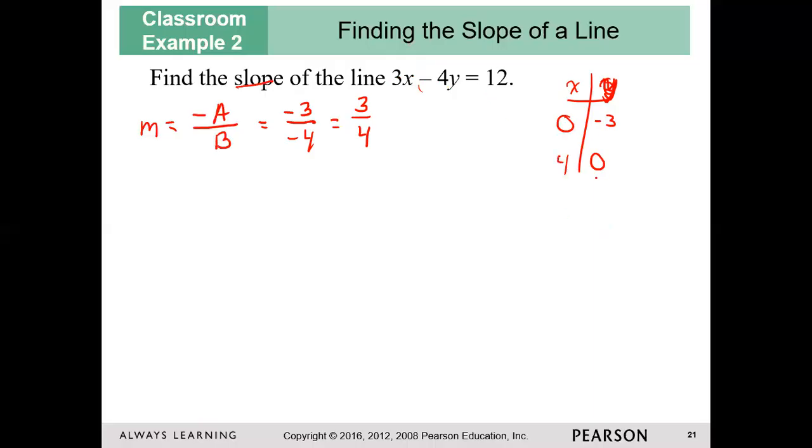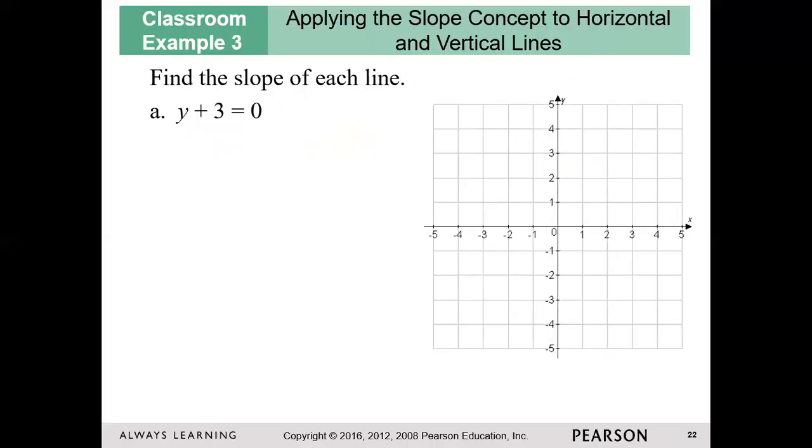And now you have 2 points. You can use y2 minus y1 over x2 minus x1. Super tedious. I would not advise doing that. You certainly can if you wanted to. I am going to go ahead and just use this gem right here, which is the opposite of A divided by whatever your B is, if you're in standard form.